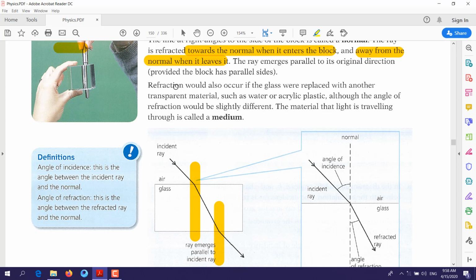So refraction would also occur if the glass were replaced with another transparent material, such as water or acrylic plastic. Also the angle of the refraction would be slightly different. The material that the light travels through, we call it a medium. Here, what is the medium? It's air. What is the medium here? It's glass.